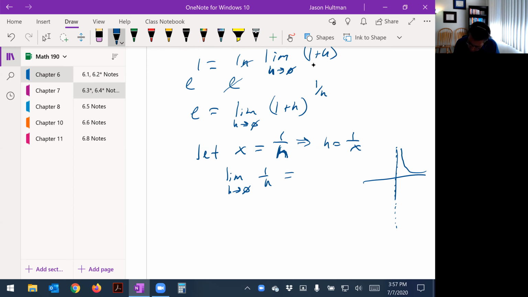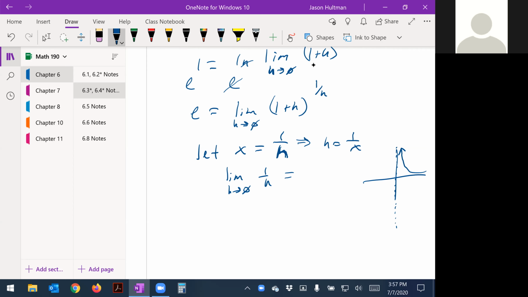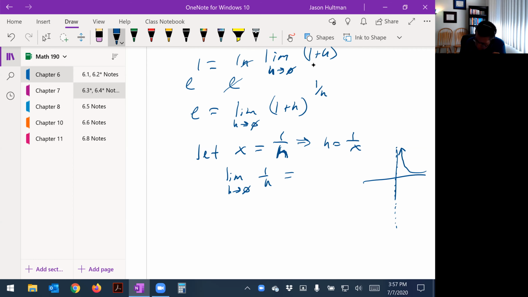So as h goes to 0, what does 1 over h go to? Where is the function going? Fady? It might go to infinity. Absolutely, very good. Good job. As h goes to 0, the function goes to infinity. As h goes to 0, or x goes to 0, 1 over x goes to infinity. Does that make sense?